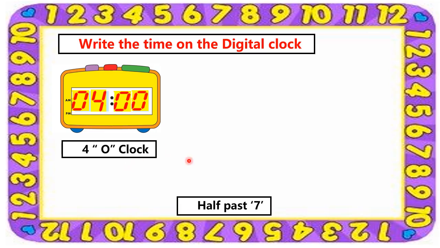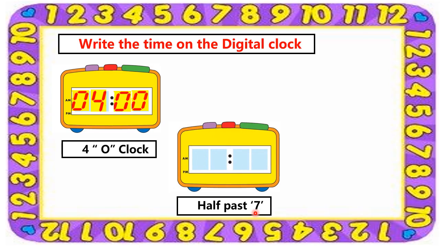Now see the next example, 7:30. How can we write 7:30, class? This is a digital clock, and first we write the number 7, then we write 30 minutes.